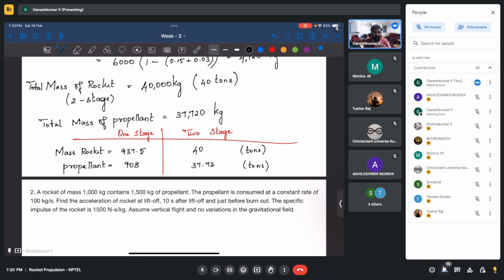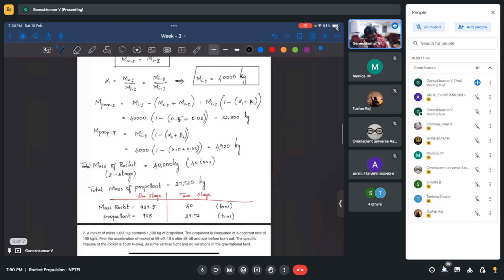Let's say you have 908 tons of propellant, then you no longer need to restrict yourself to 900 kgs of payload. You can increase your payload to, let's say, 1500 or even 2000 kgs. So that is one of the advantages it provides.